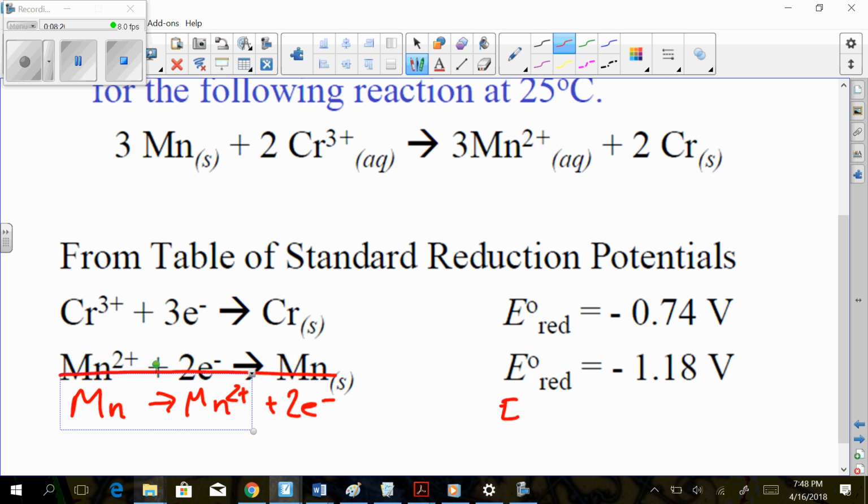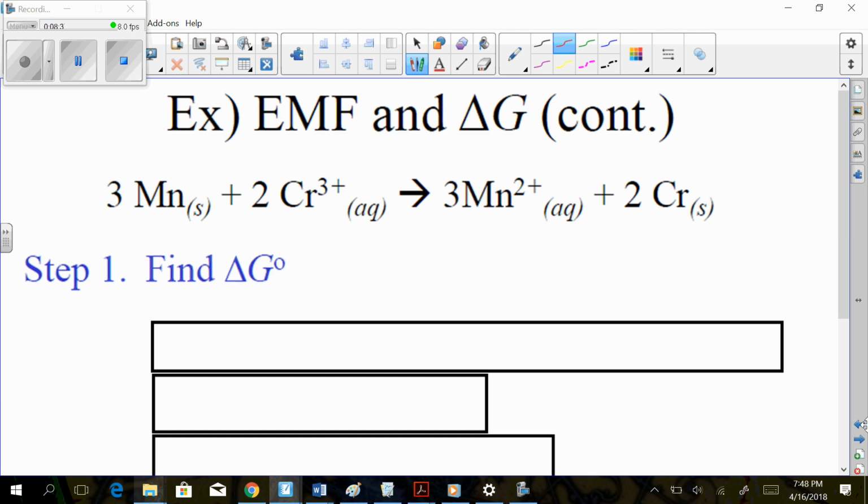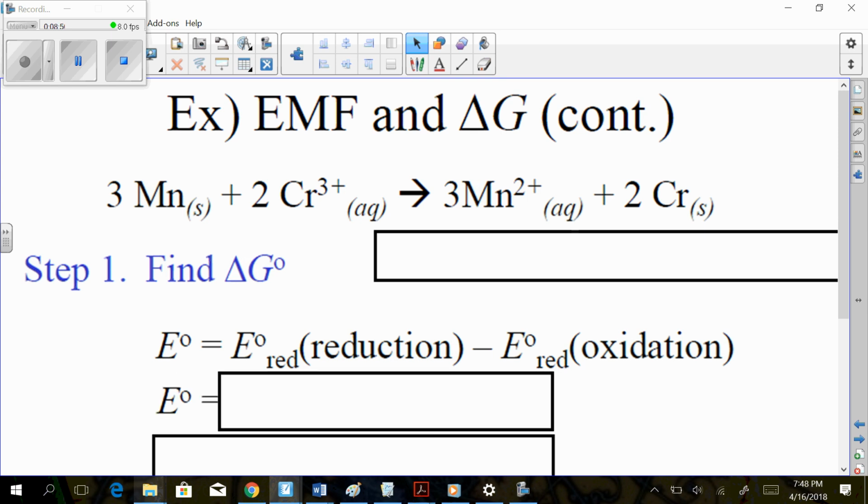And when you do that, we want the E naught of the oxidation half, and that is positive 1.18 volts, not negative. Okay, and so to find delta G, we want to find the E naught cell. To do that, let's write the E naught equation and then calculate it.